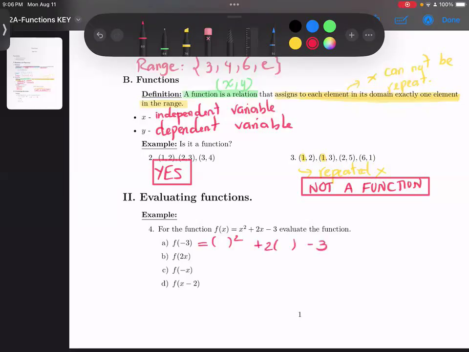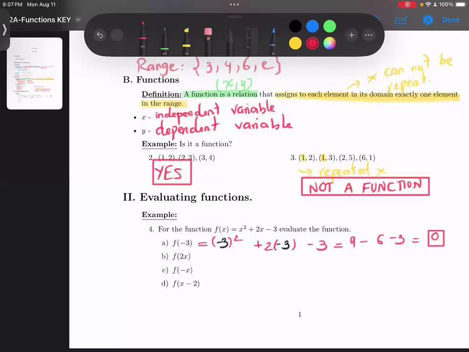The reason I do this is because when you have a lot of negatives, you don't make mistakes easily. So -3 here, -3 here for x. Now you evaluate. I have (-3) squared, that's +9, -6, minus 3. So that will give me 0.